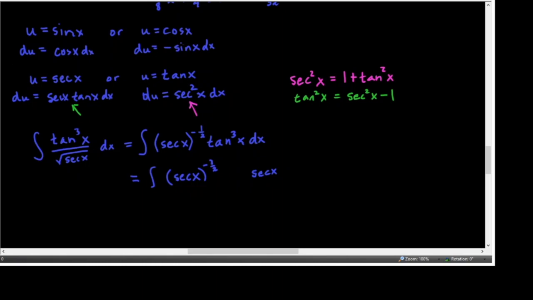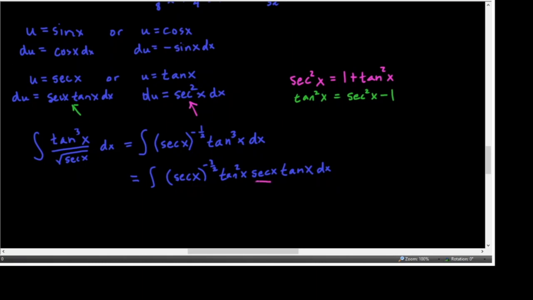Then I also want to borrow one of the tangents. And this is a little bit easier. If I have 3 and I borrow 1, I'm left with 2, because 3 minus 1, of course, is 2. So this will be tangent squared x dx. So I now have my du.